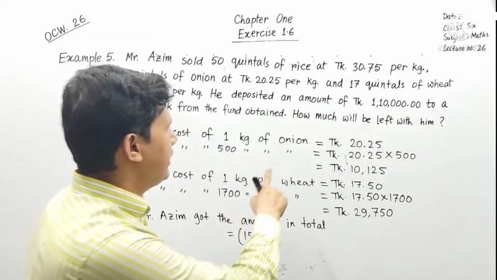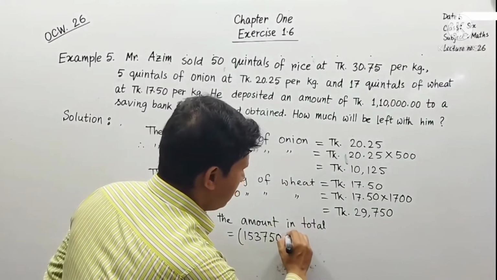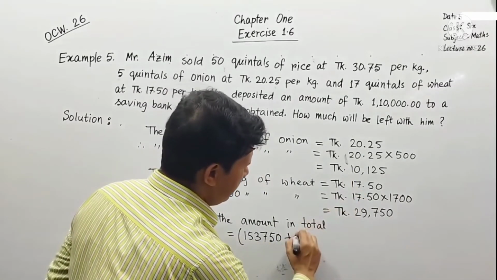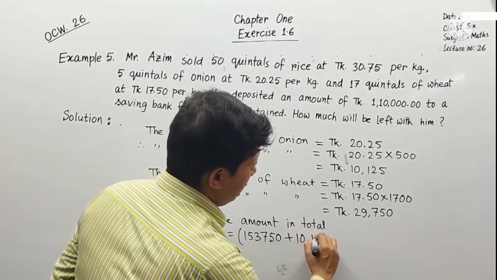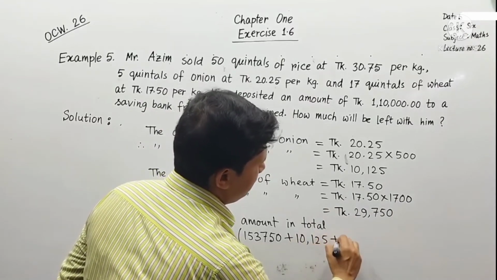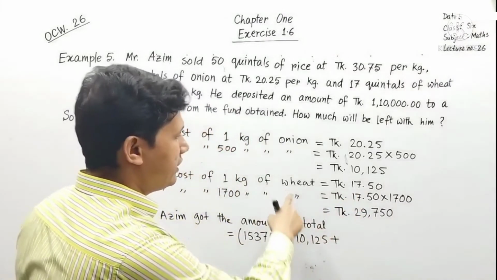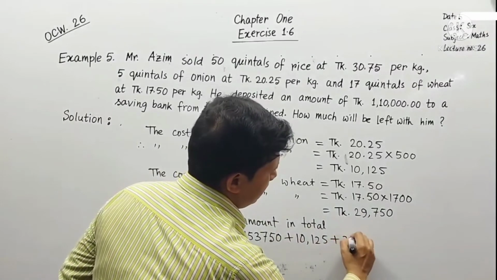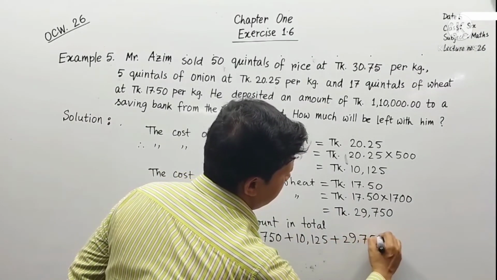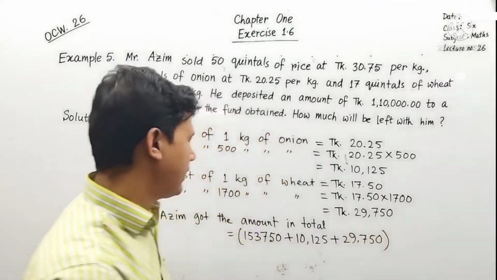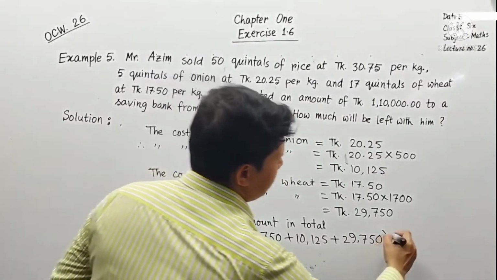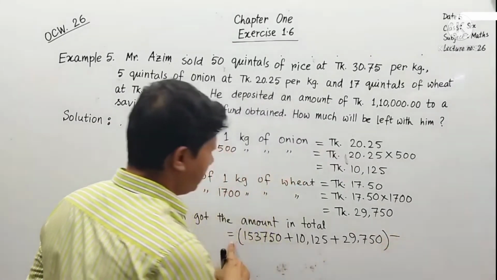1,53,750. Then from onion he got 10,125. From wheat he got 29,750 taka. You can write taka here or before the number.